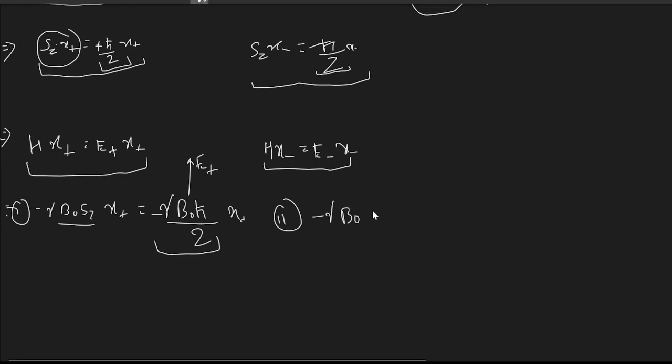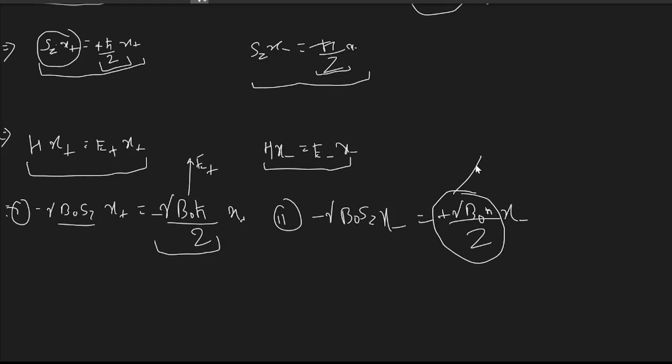For the spin down state, it will result as the positive of gamma B naught h bar by 2, and here x minus. So this is now our energy for the spin down state of the electron.